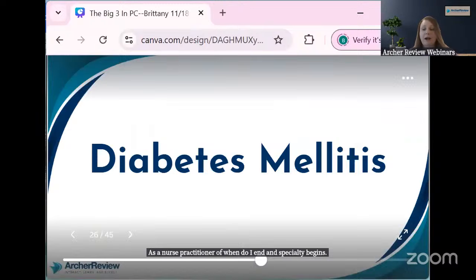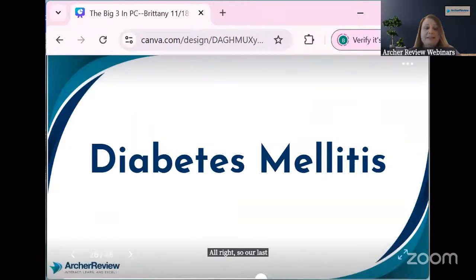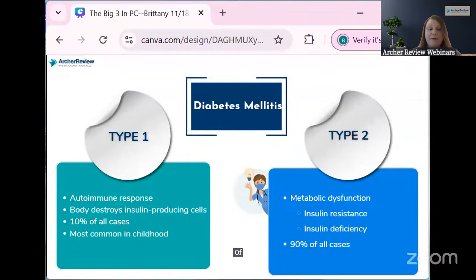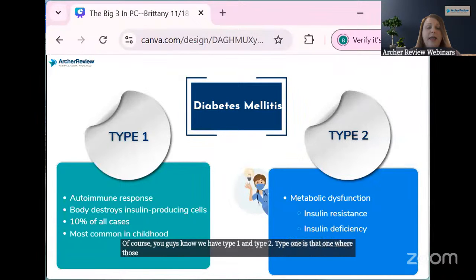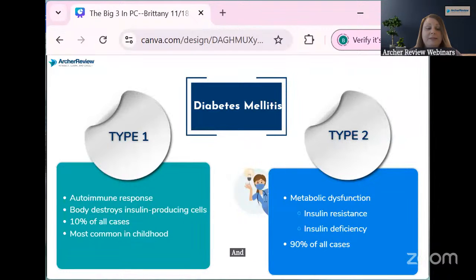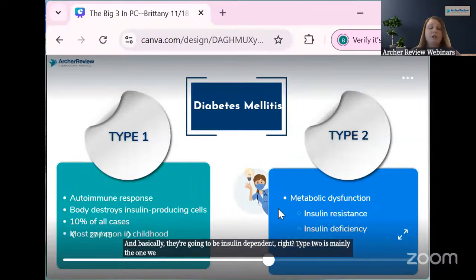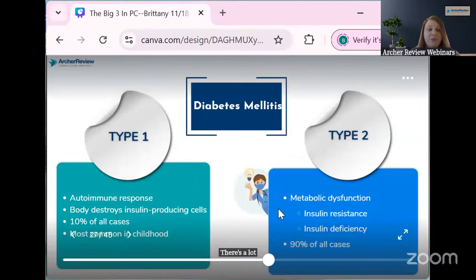All right, so our last topic here is going to be diabetes to round out our discussion today of the big three. Of course, you guys know we have type 1 and type 2. Type 1 is the one where those beta cells are destroyed, and basically they're going to be insulin dependent, right? Type 2 is mainly the one we're talking about today. There's a lot of medications for type 2 because type 1 is mainly insulin, but type 2 has multiple medications.